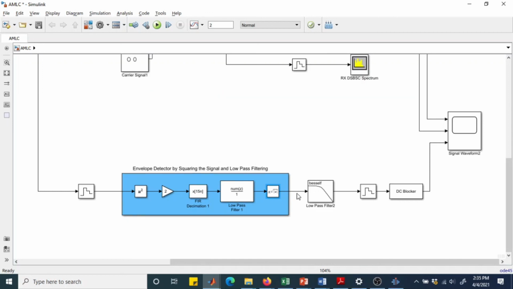So at the output of this envelope detector we would have a positive pulse with some oscillations having high frequencies. So the high frequency oscillations are basically removed by the low pass filter.